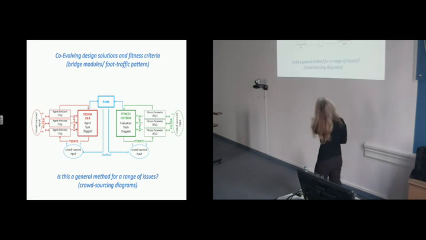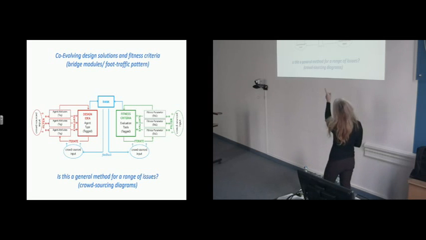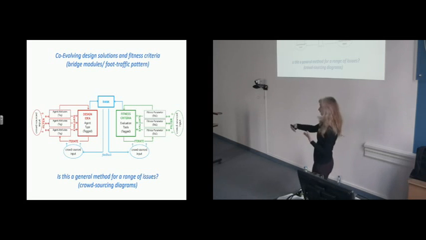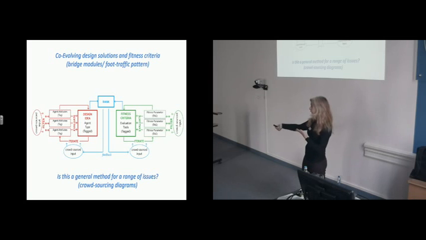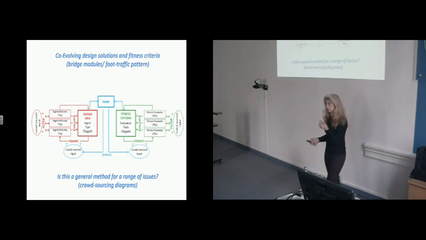I only have a minute, so I can't go into this in great detail, but this is a general framework I've been thinking about, where you need both agents and fitness criteria, and those two things co-evolve simultaneously and can both be crowdsourced. Both of these are emerging, the fitness criteria and the design ideas. That's something I've been working on in a website I've been developing, where students have been crowdsourcing the diagrams, and those are acting as emergent agents.